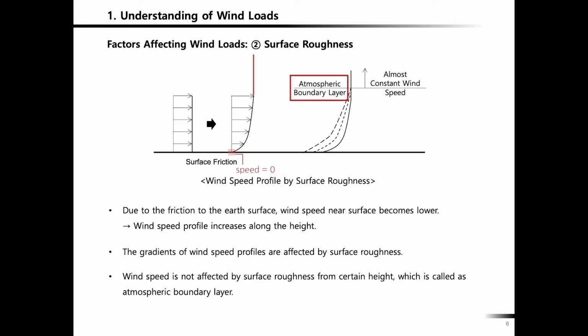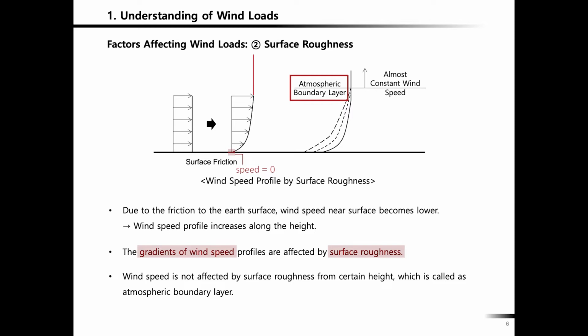Okay, atmospheric boundary layer. Okay, ABL, atmospheric boundary layer. And then above that is almost constant. So the gradient of the wind speed profile is affected by the surface roughness.